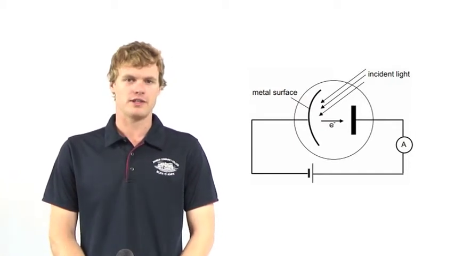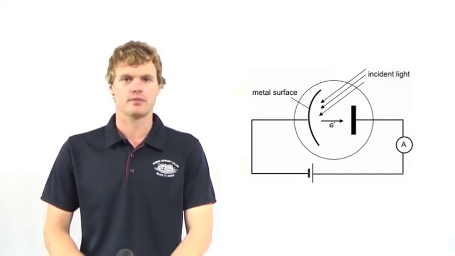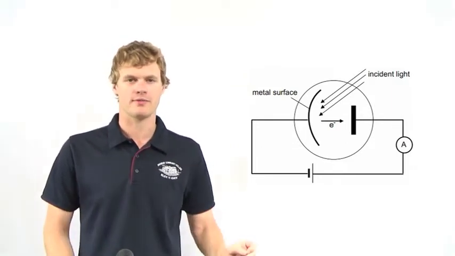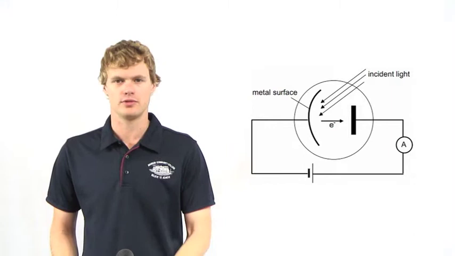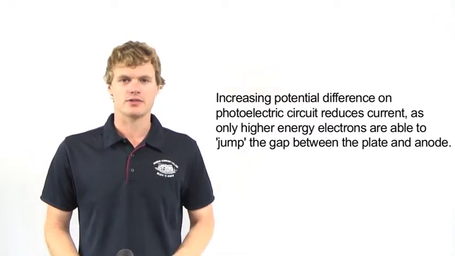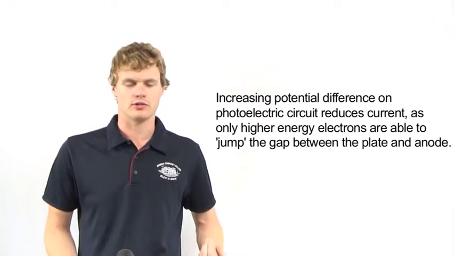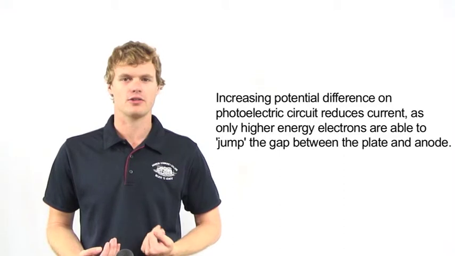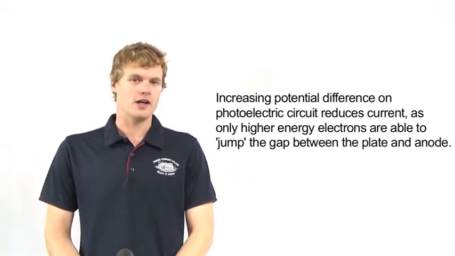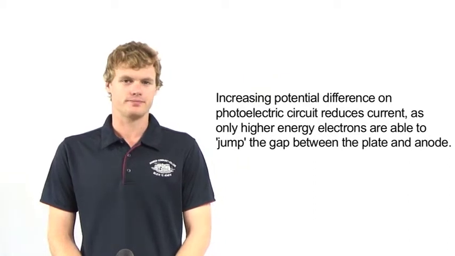If we put a potential difference into this circuit, the energy required for the electrons to jump from the tube to the anode increases. The electrons with lower kinetic energy will no longer be able to make it across this gap, so only the higher energy electrons make it across.